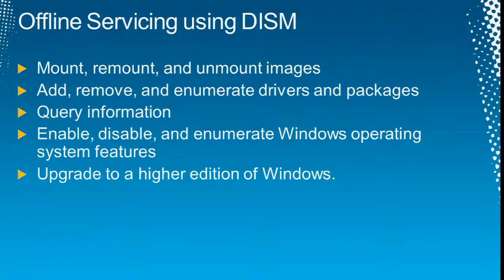We can also, of course, upgrade to a higher edition of Windows, which is kind of awkward. I mean, most of my customers do Enterprise, so they can't really upgrade that. But if you do have Home Edition, you can upgrade that without reinstalling the operating system to Ultimate. You just need to provide a new key for it, but it's possible, since that is the same image.